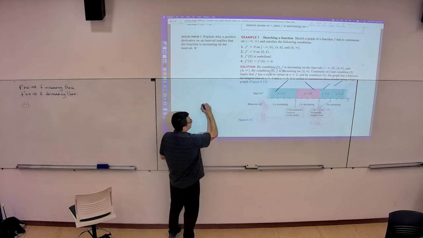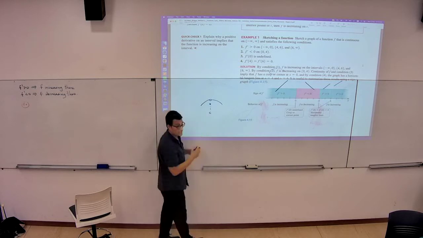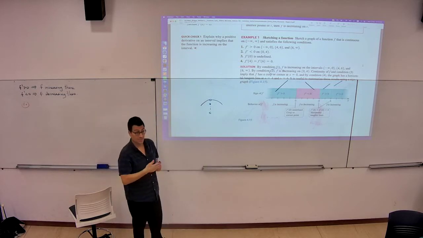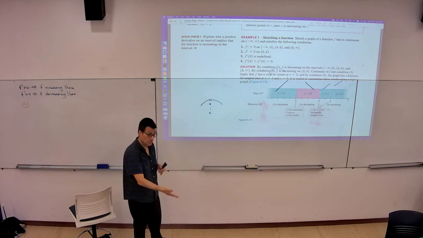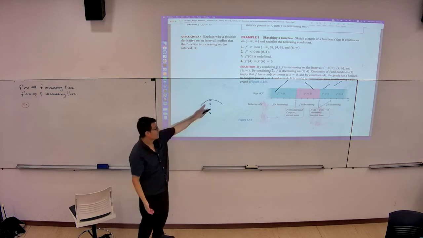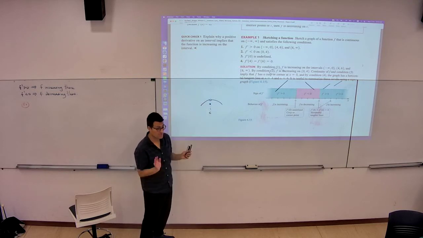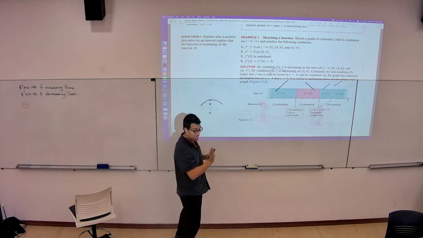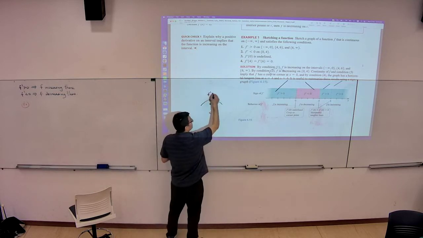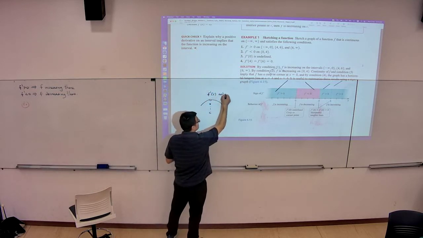The first critical point looks like this, with discontinuity of the function at that point c. Clearly the derivative there doesn't exist, because differentiable implies continuous. If the function is not continuous there, it cannot be differentiable, so the derivative doesn't exist. So that's the first case, where f prime of c is not defined.